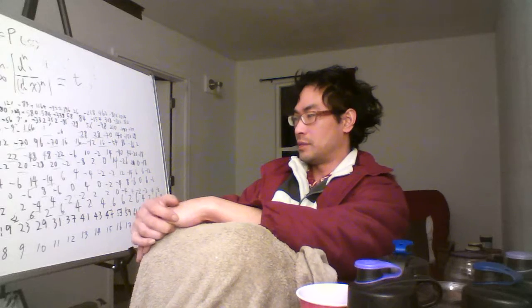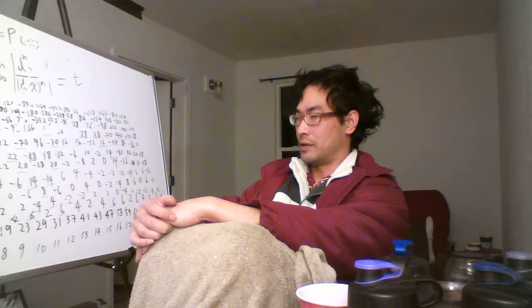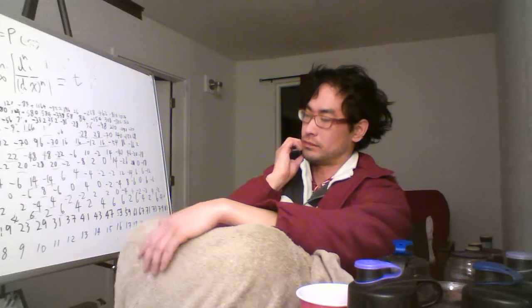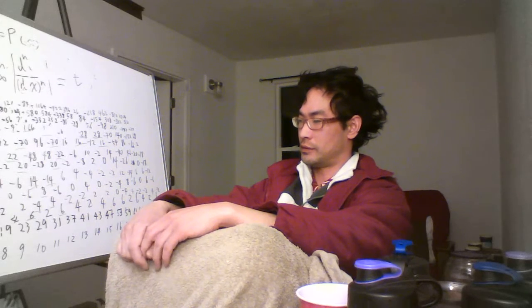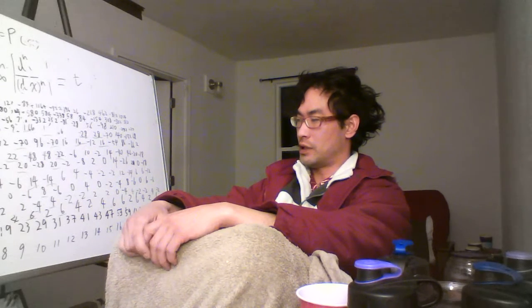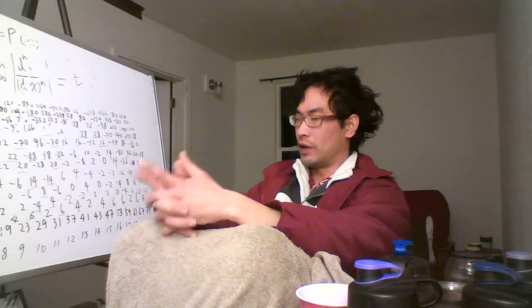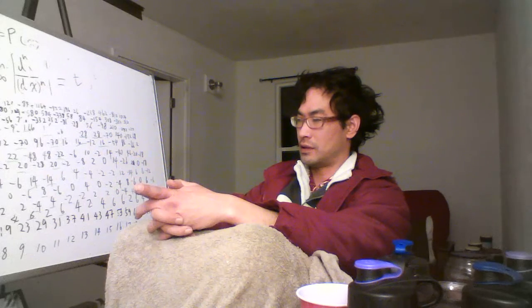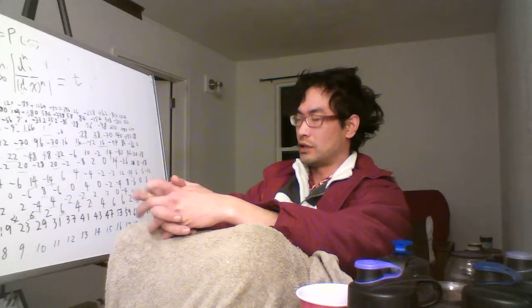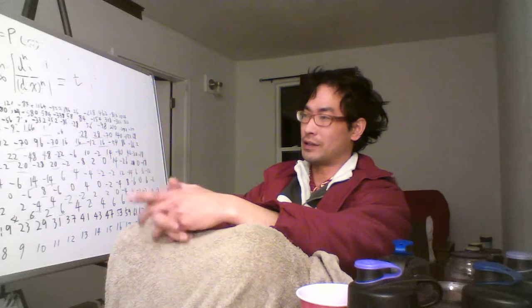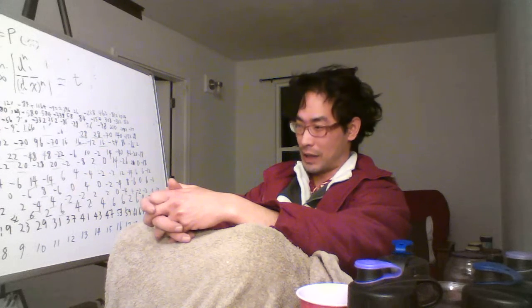Number of composites plus one. That's what the prime gap is. Number of composites between two adjacent primes, plus one. So the equivalent hypothesis is this: does the number of composites between two adjacent primes cover a complete set of odd positive integers?